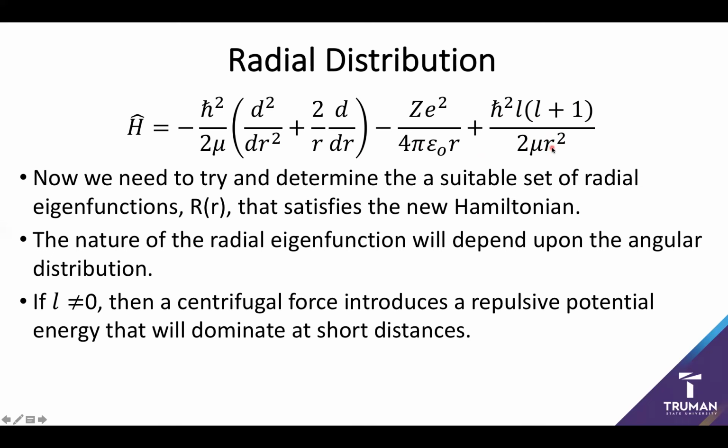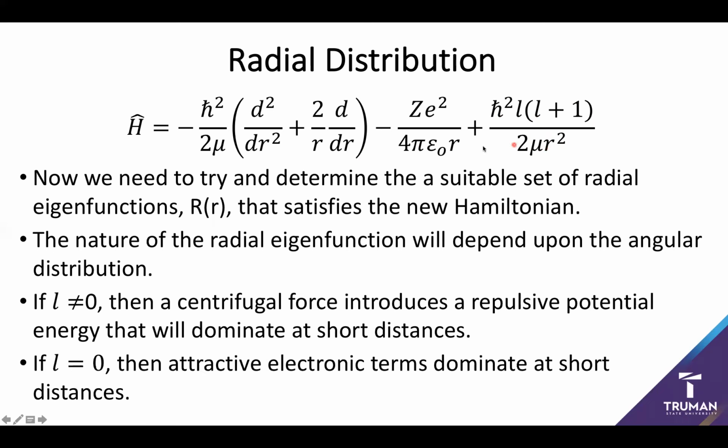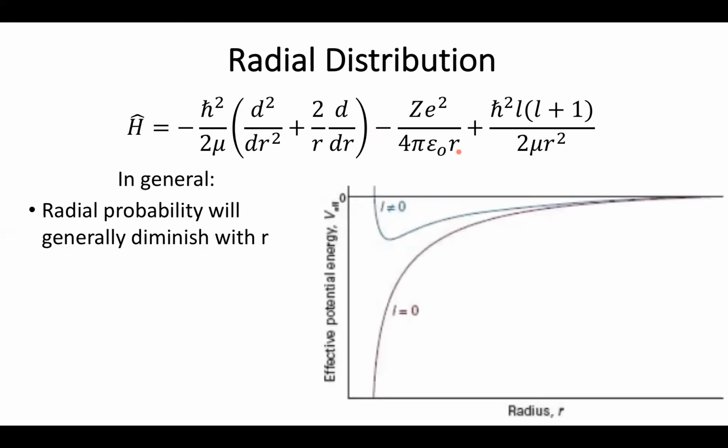However, if L goes to 0, then the major term dominating is this attractive potential term, which is going to give me very negative or attractive potentials at short r's or low r values. And as such, we're going to see two varying functions of our radial distribution.